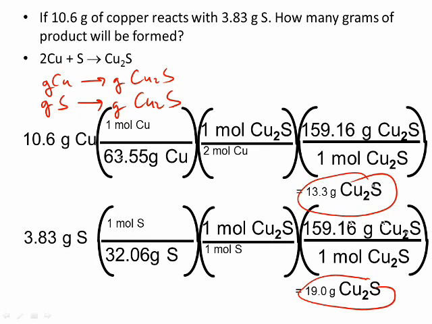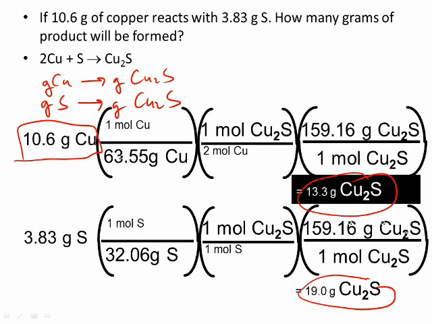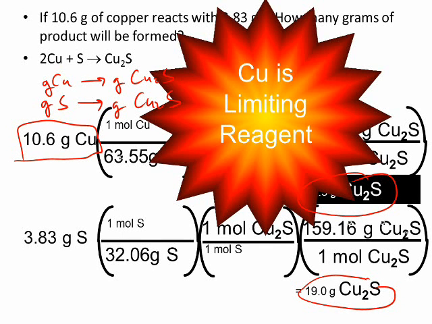So we can see which one produced the least amount. The 10.6 grams of copper produced the least amount of copper sulfide. So that is the limiting reagent. It's the least amount. Very exciting.